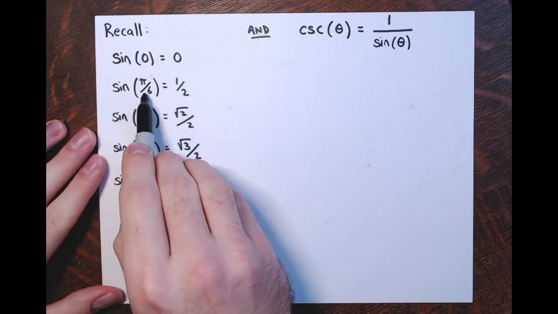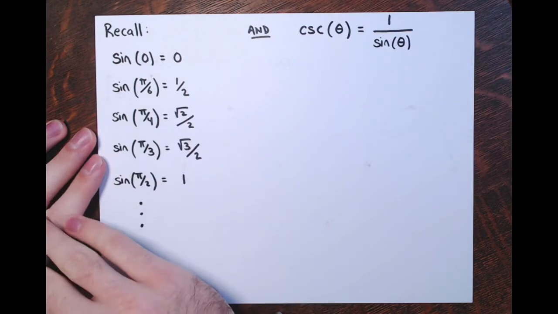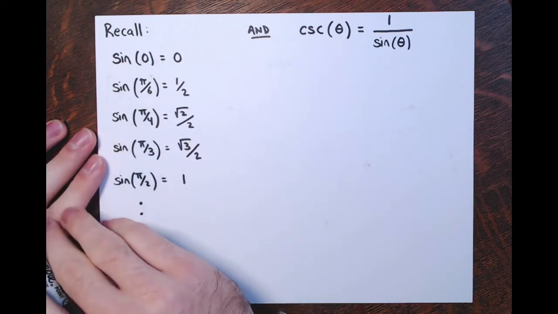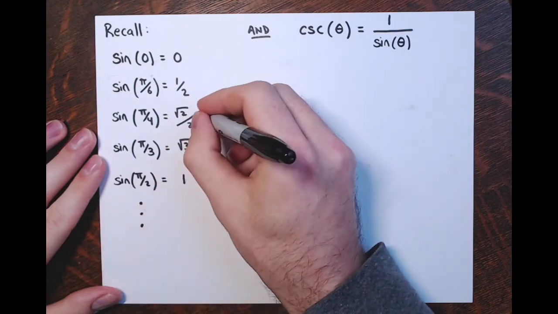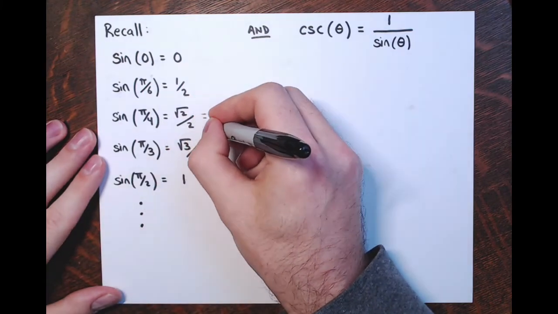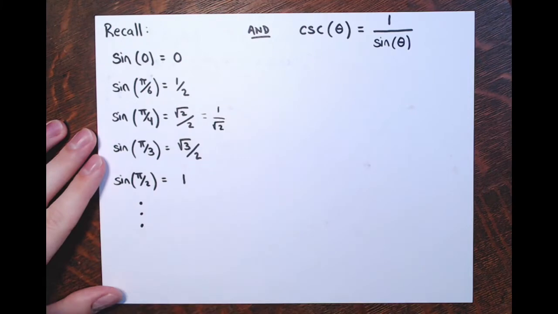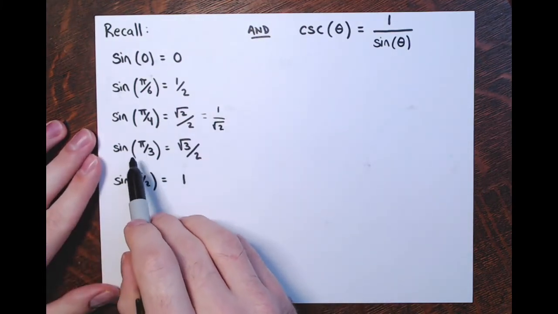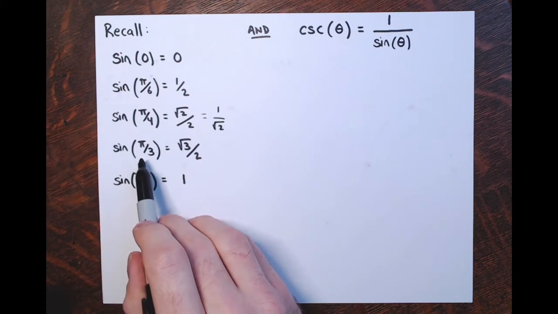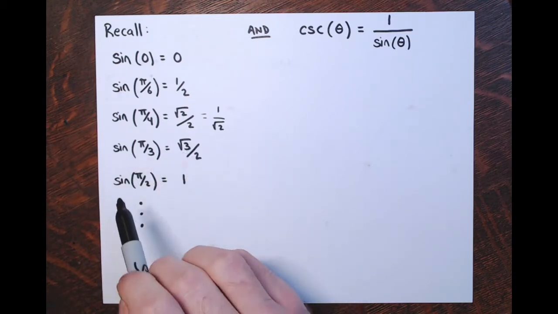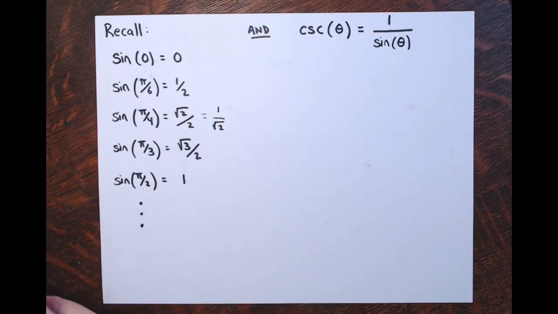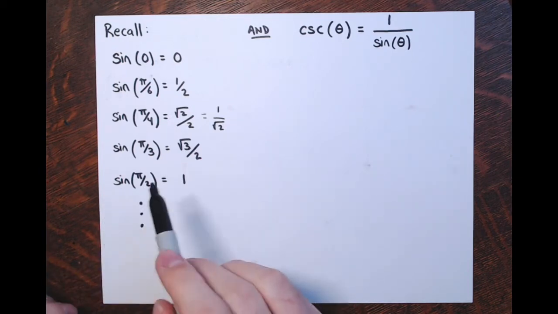The sine of pi over 6, 30 degrees, was a half. The sine of pi over 4, or 45 degrees, was the square root of 2 divided by 2, which is the same as 1 divided by the square root of 2. You want to think of it that way as well. The sine of pi over 3, or 60 degrees, was the square root of 3 divided by 2. And the sine of 90 degrees, or pi over 2 radians, is 1.